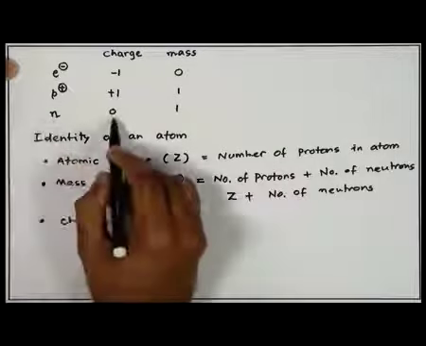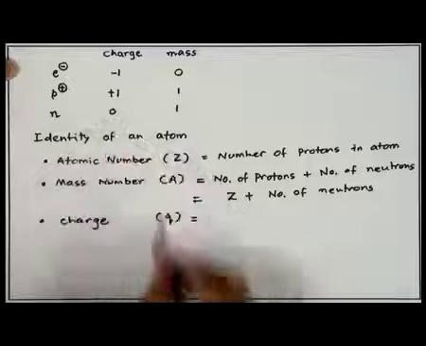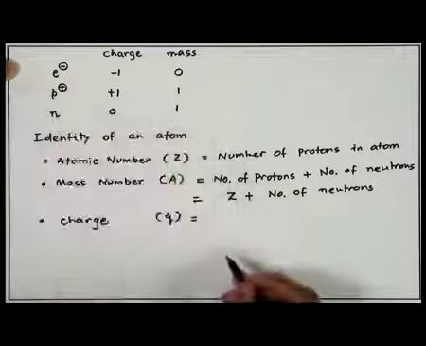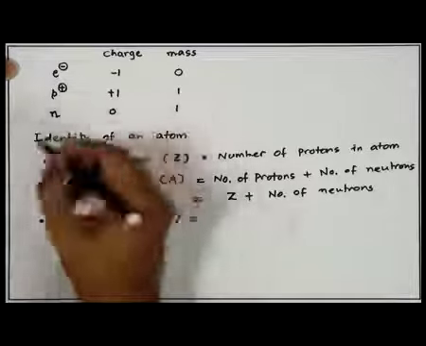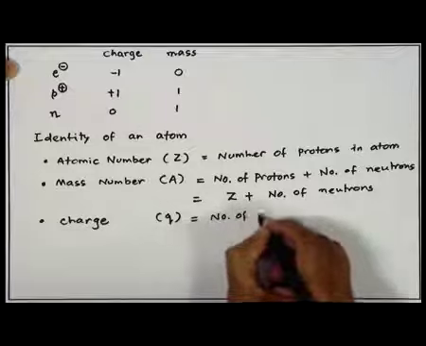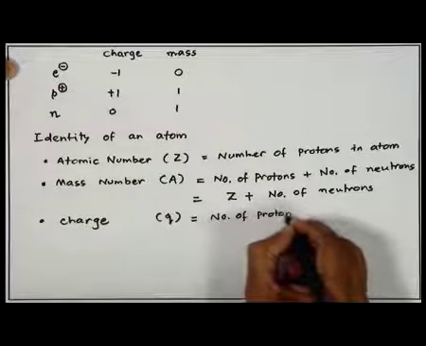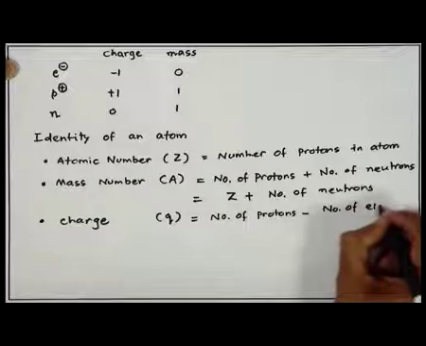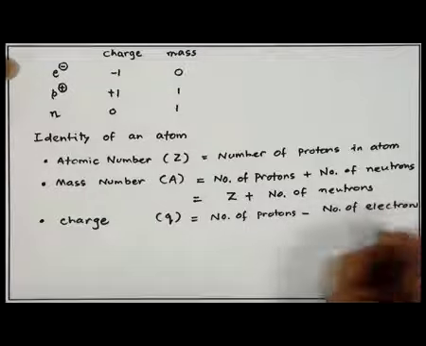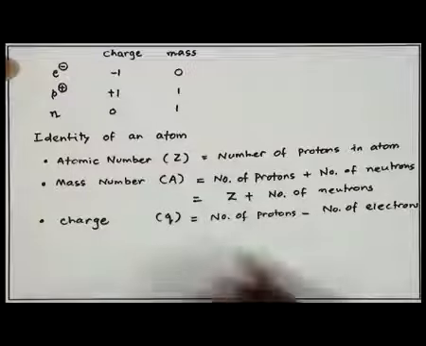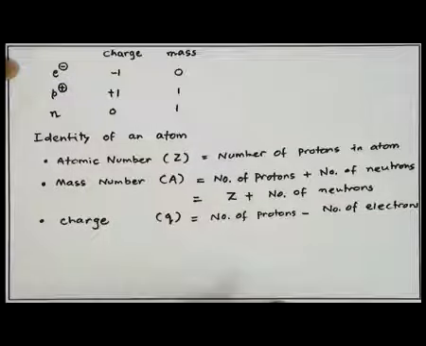Neutron does not contribute anything towards charge. So, when I am trying to establish the charge of an atom, I can safely ignore the neutron. So, the charge of an atom is given as number of protons minus number of electrons. This minus is coming because electron has negative charge and proton has positive charge. So, this equation would actually fit.